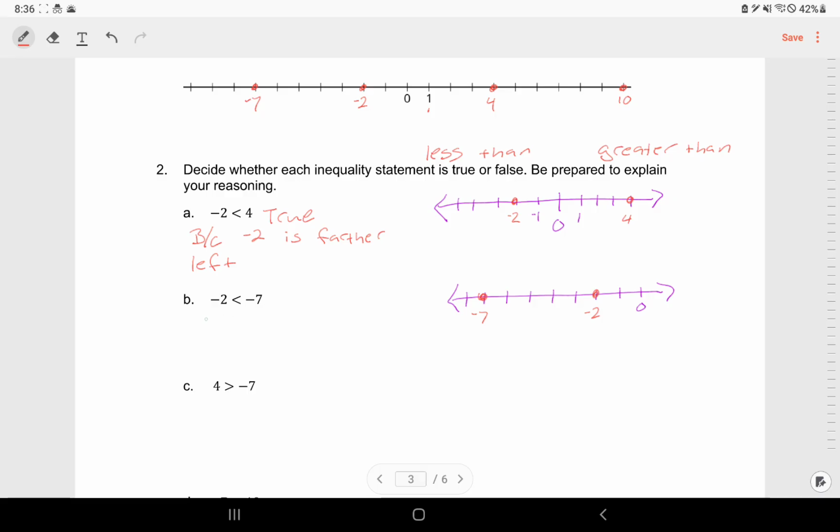And so this is false. Negative 7 is farther left than negative 2. So negative 7 is less than negative 2.